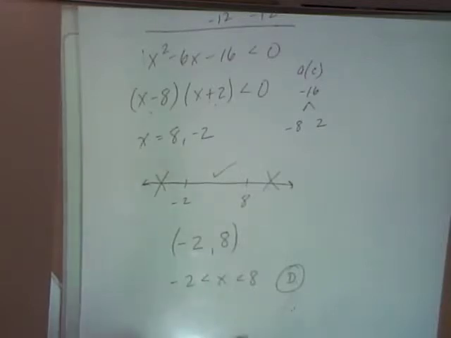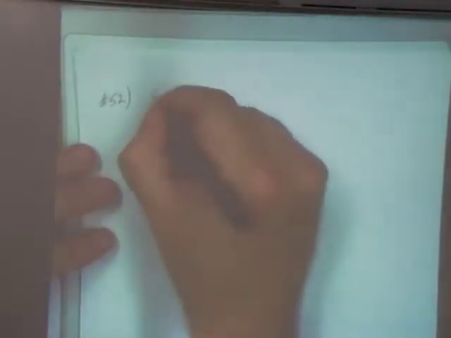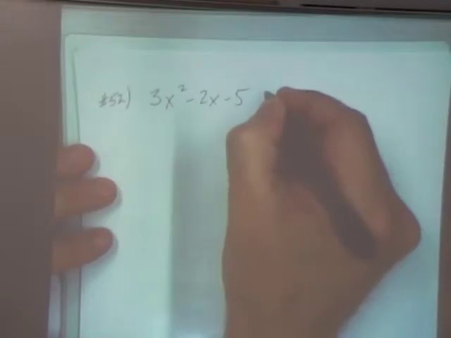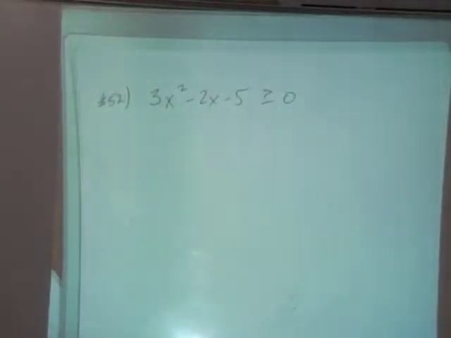Alright, number 52. I'll go to the reals. Alright, so A times C is negative 15.